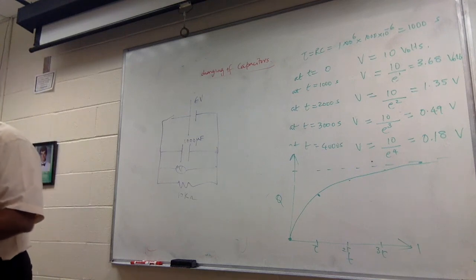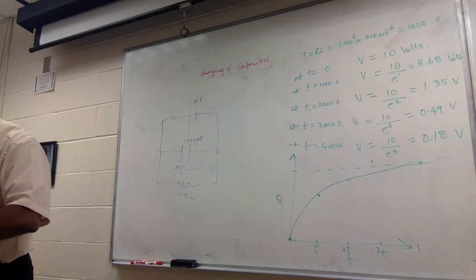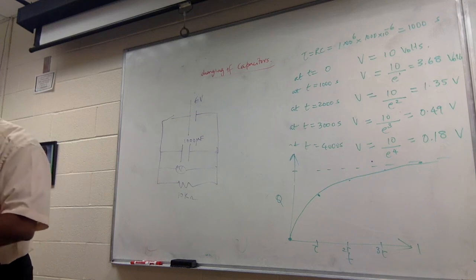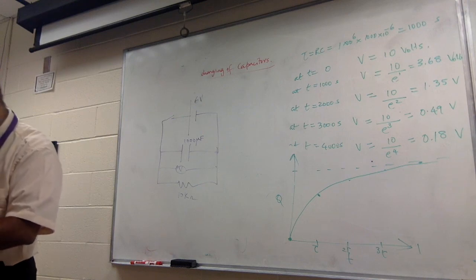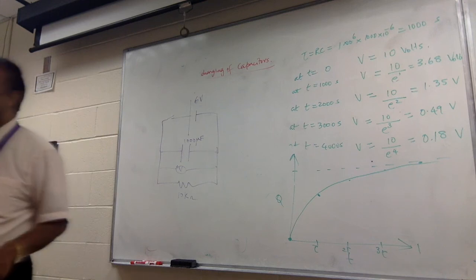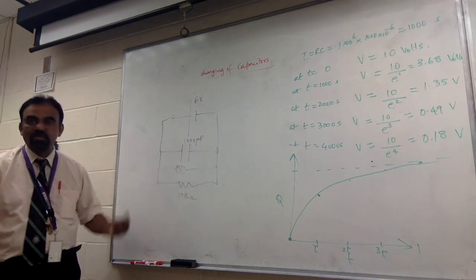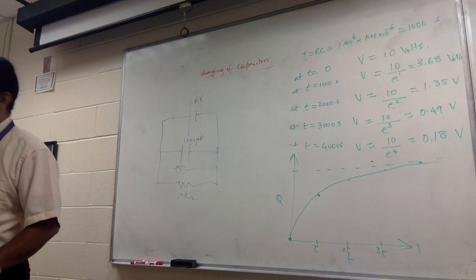Now, before I do anything, find out the time constant for this. What's the time constant? How many seconds is the time constant? What is the time constant for this? 10 kilo ohms times 1000 microfarads. 10 seconds.